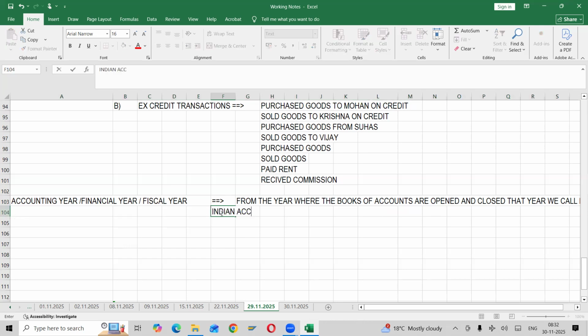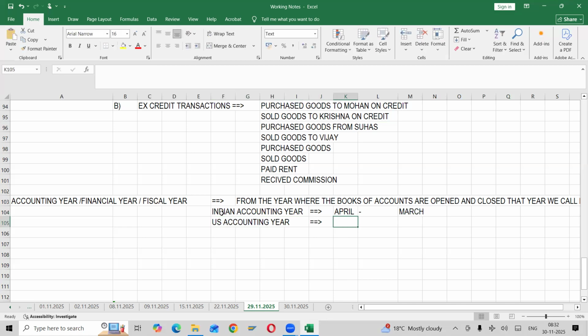In India, whatever businesses are there, whatever companies are there, they will follow the Indian accounting year from April to March. Correct? Everybody knows it. April to March in India. When it comes to the US accounting year, the US financial year starts from January to December.